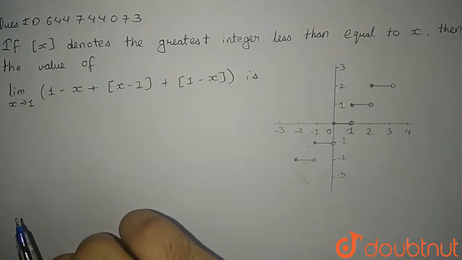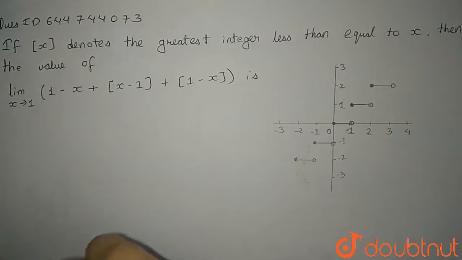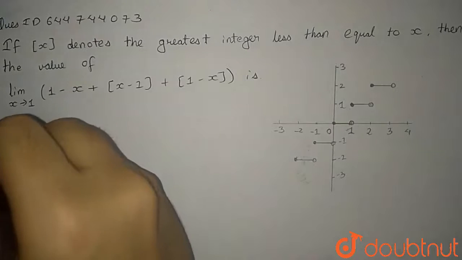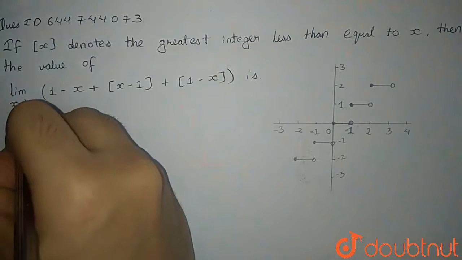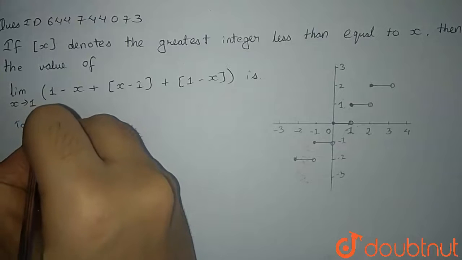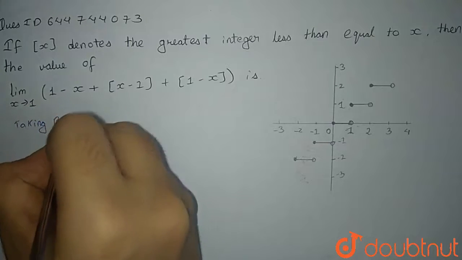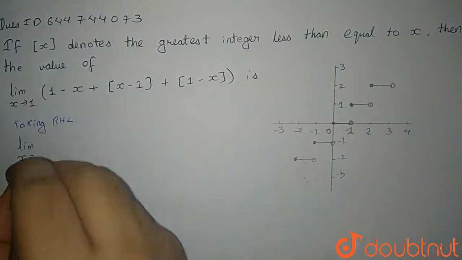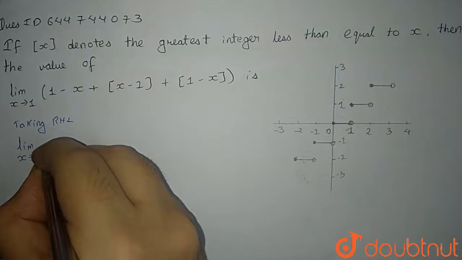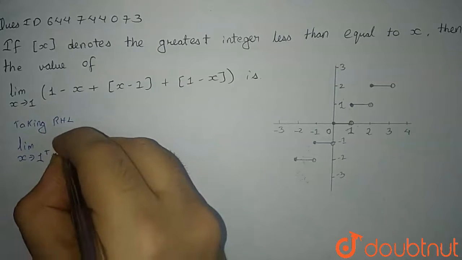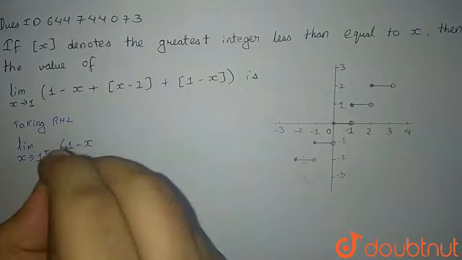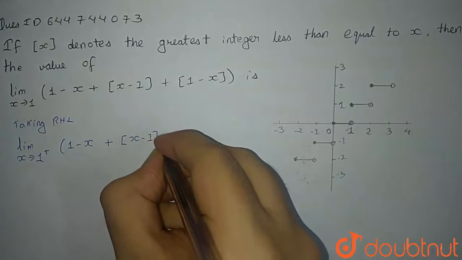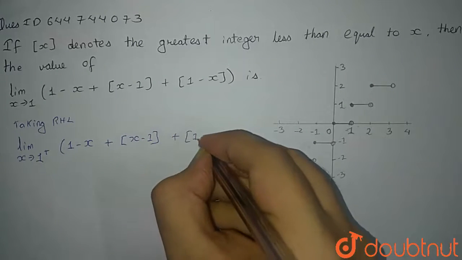Okay. So let's move on to calculating RHL. RHL will be limit x tends to 1 plus of the function 1 minus x plus greatest integer of x minus 1 plus greatest integer of 1 minus x.